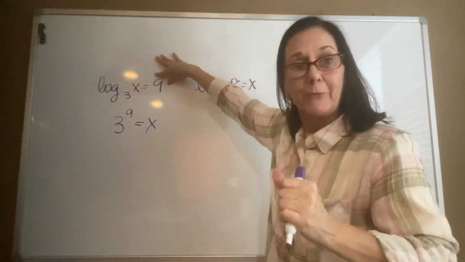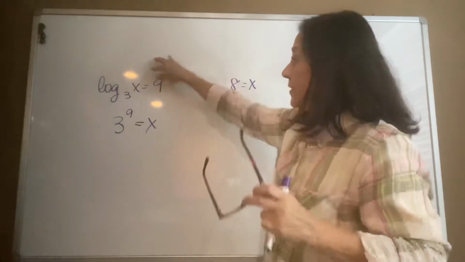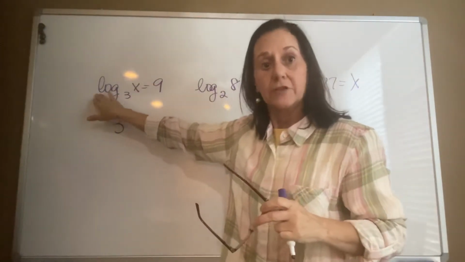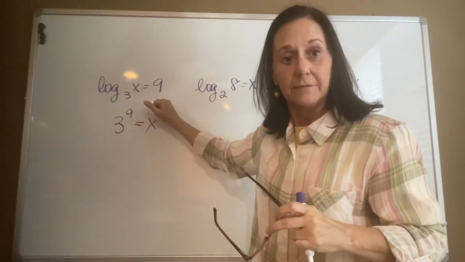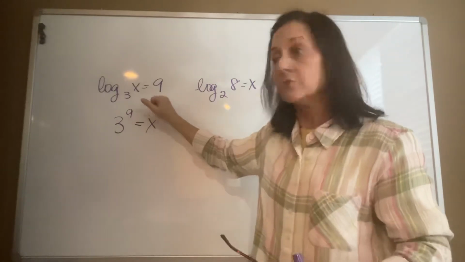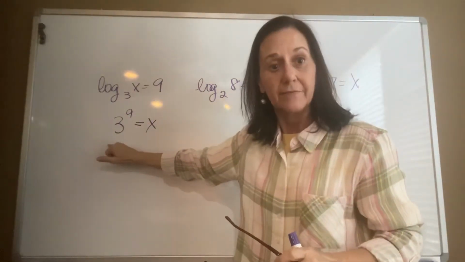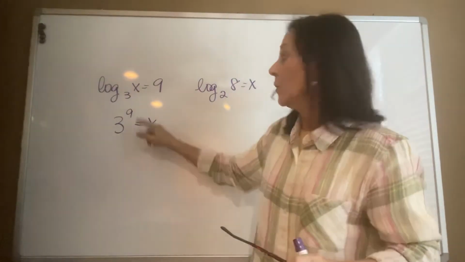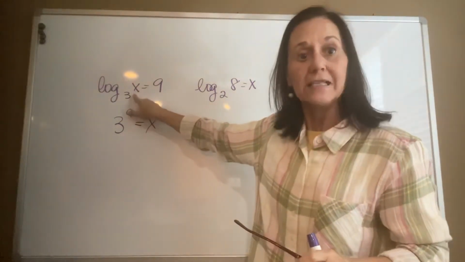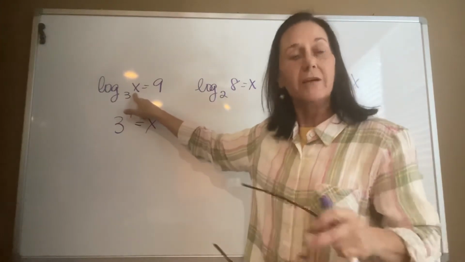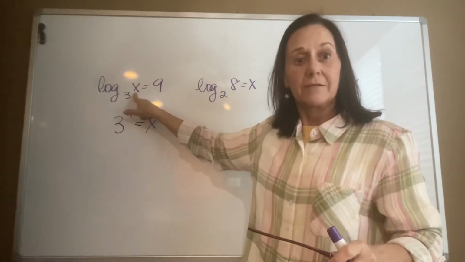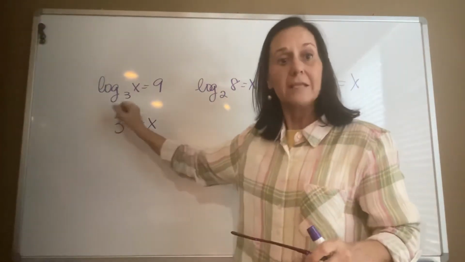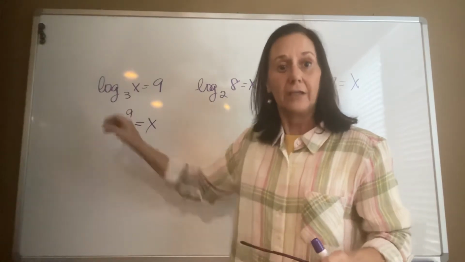So remember, when I said we use logarithms to solve for the exponent, we're always going to use the exponential form to solve for the antilog. When we're solving for this value, the antilog, you're always going to convert it to exponents because I can put 3 raised to the 9th power in my calculator.